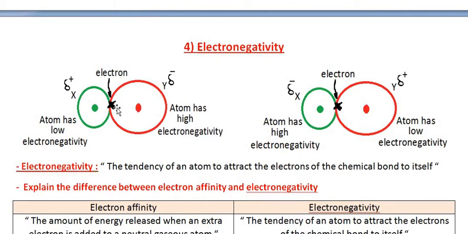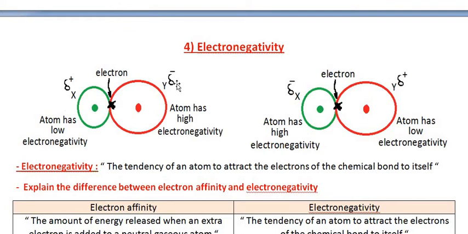If this attraction is greater than this attraction, we say that this atom has high electronegativity. The atom which attracts electrons more strongly than the other has higher electronegativity. The atom which has low electronegativity attracts electrons loosely or weakly.